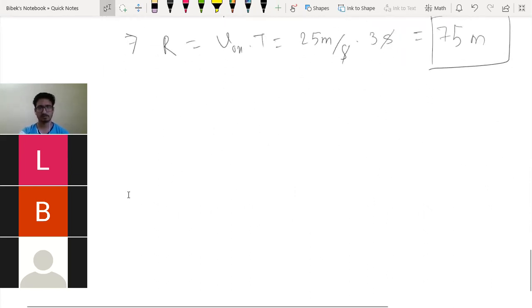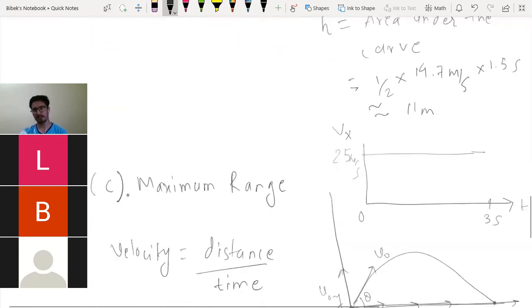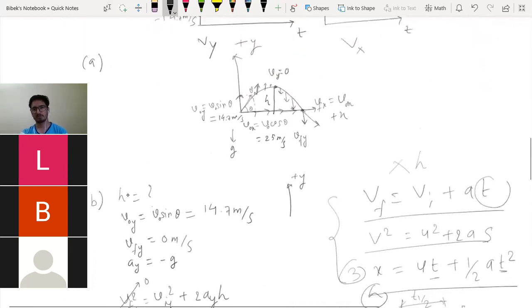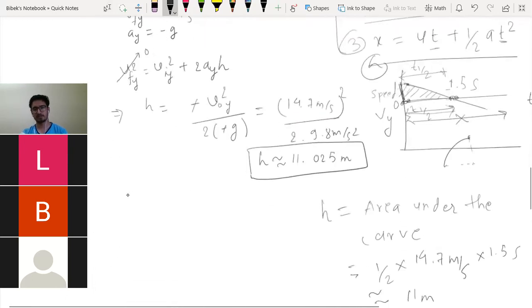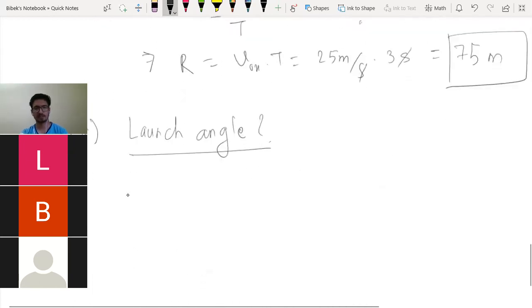Okay, let's move on to number D then. I think number D asks you to find the launch angle, right? Till now we haven't used the launch angle in any problems. We already know the x and the y component of the velocity.